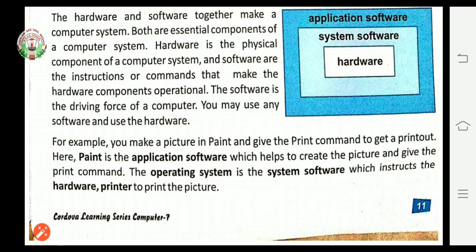First is application software, second is system software. Paint is application software which helps to create the picture and give the print command. And the operating system you are using is system software, which instructs the hardware and printer to print the picture.